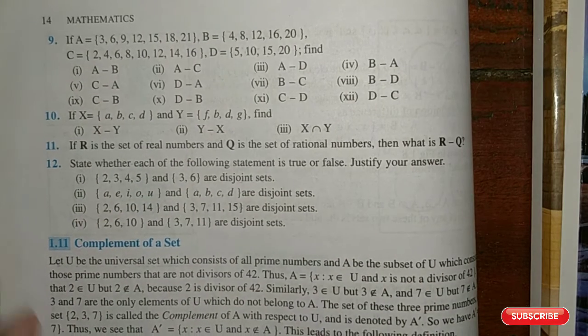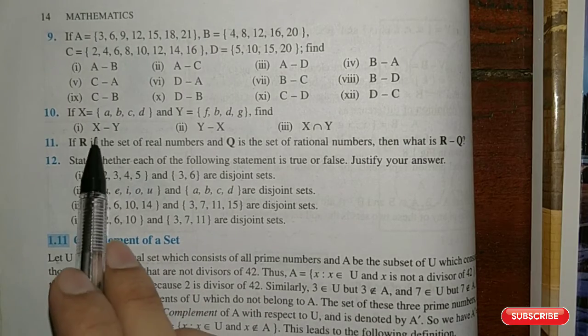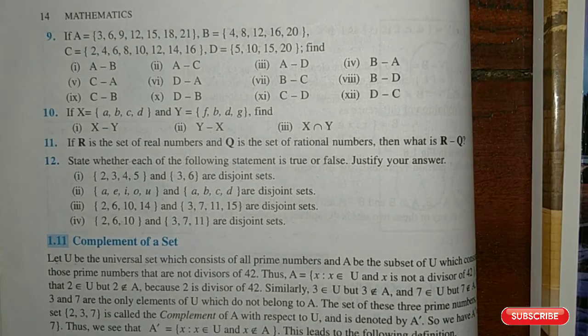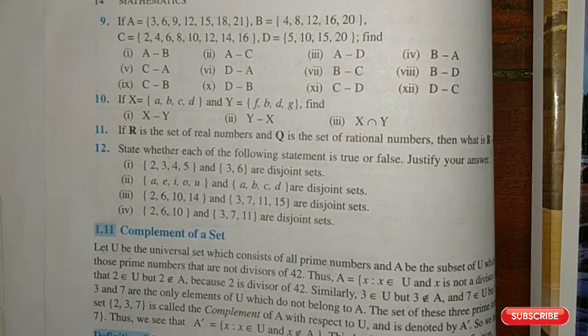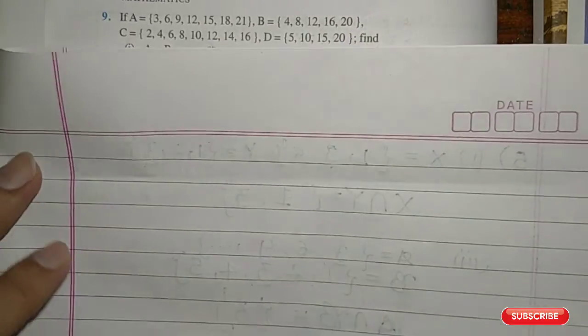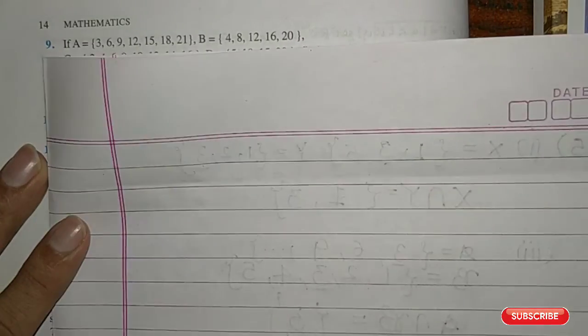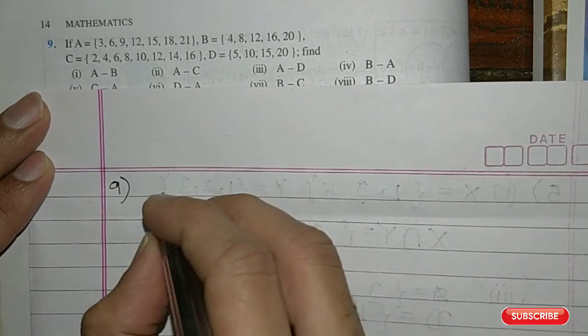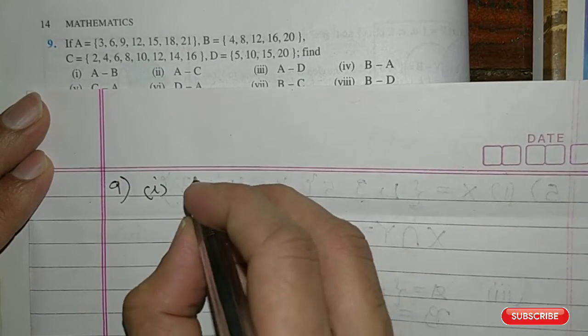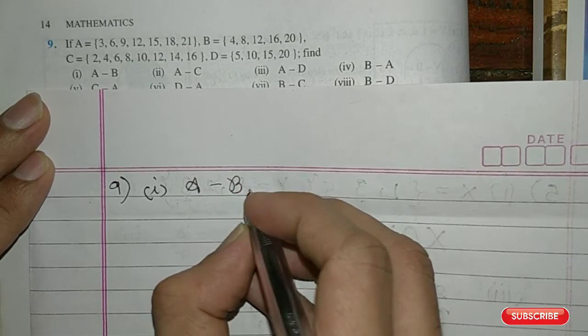So you have to find the difference of the sets. Now the first problem of the ninth one, that is A minus B.